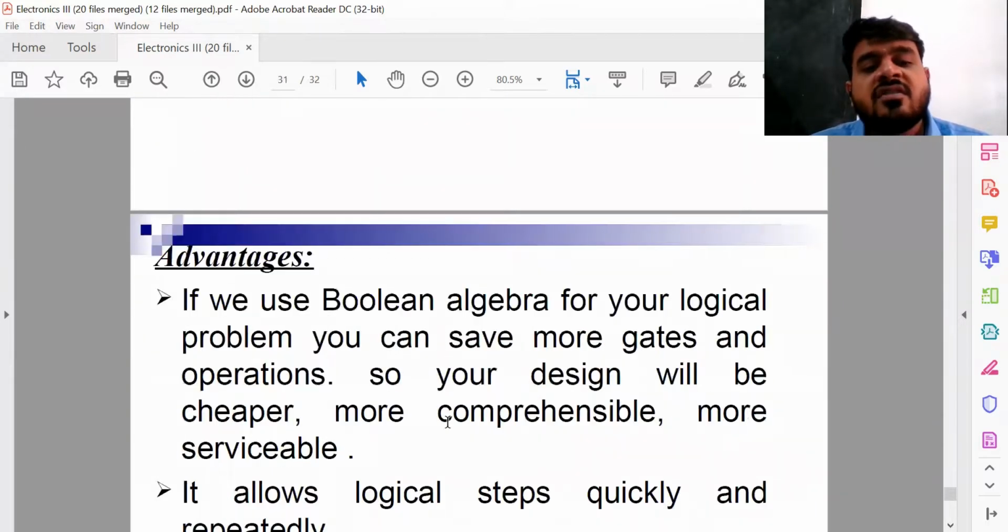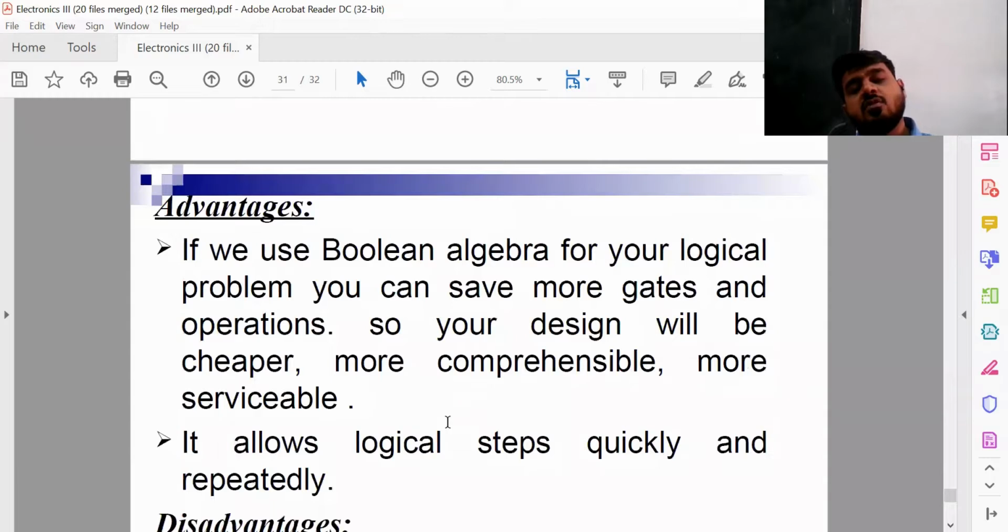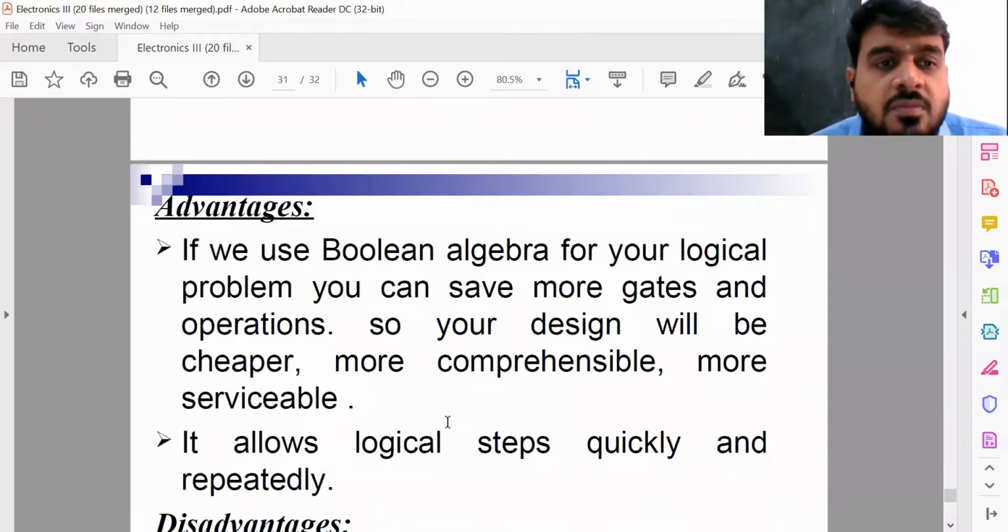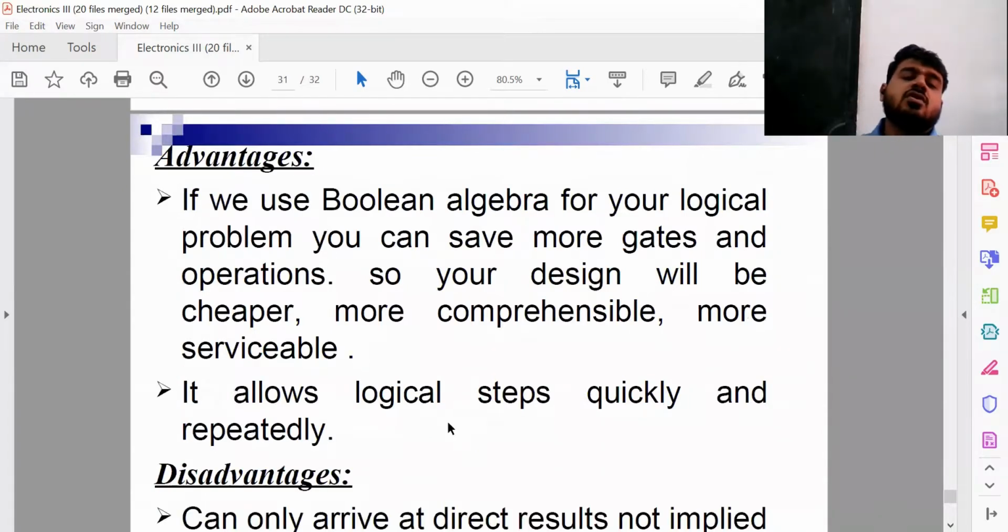So what are the advantages? We'll solve some more problems in the next class, but before that, let's see the advantages. If we use Boolean algebra for your logical problems, you can save more gates and more operations. You don't have to make many AND gates, many OR gates, many NOT gates.